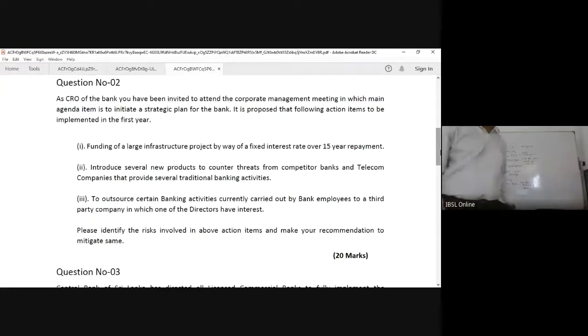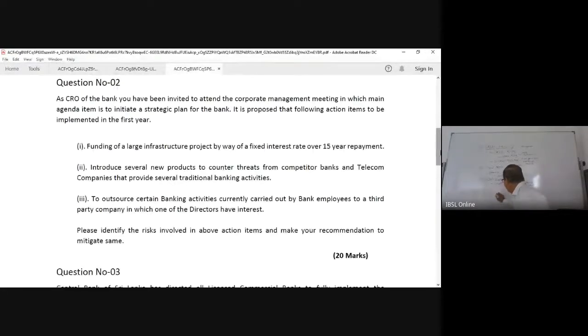There's another portion of it. They say this particular company is a third-party company in which one of the directors has an interest. So now you remember, here we have another risk.